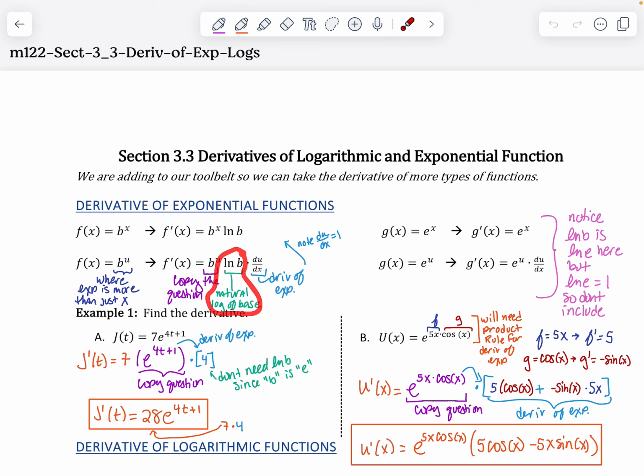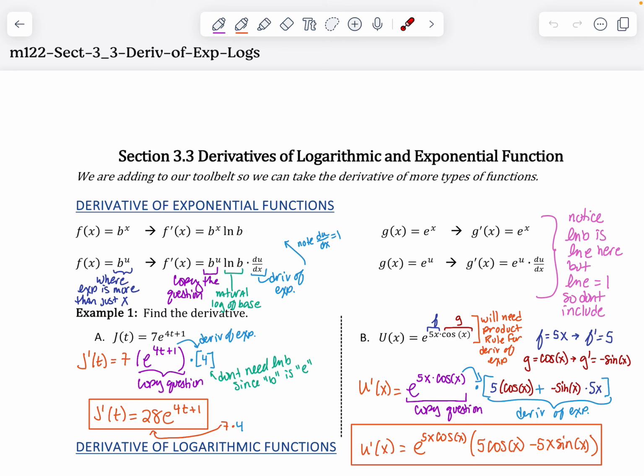We're still going to take the natural log of whatever that base is, but since u is more complex, we need to now take the derivative of that complex exponent. You could argue we were doing the same thing in the problem above, where the derivative of x is just 1. So multiplying the above formula with 1 didn't actually look any different.